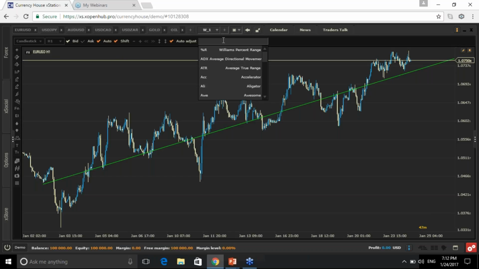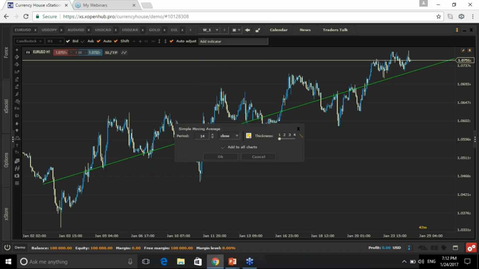So let's put on a very easy technical indicator, the simplest one, the simple moving average. It just counts the closing prices. You can use open, high or low, but usually we talk about closing prices, which are very important for technical analysis.